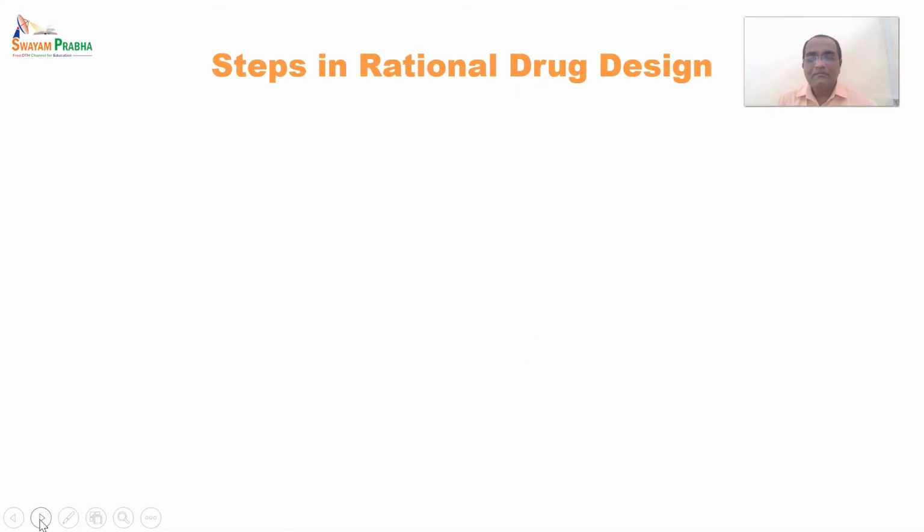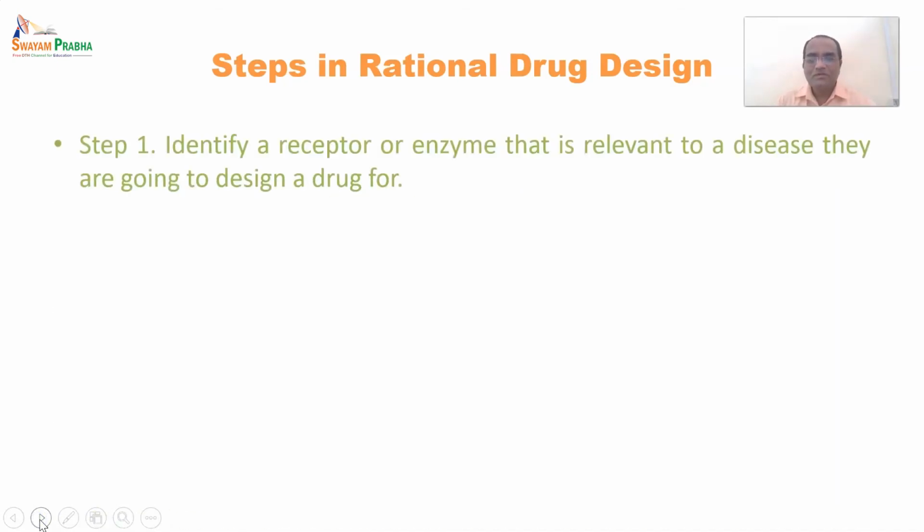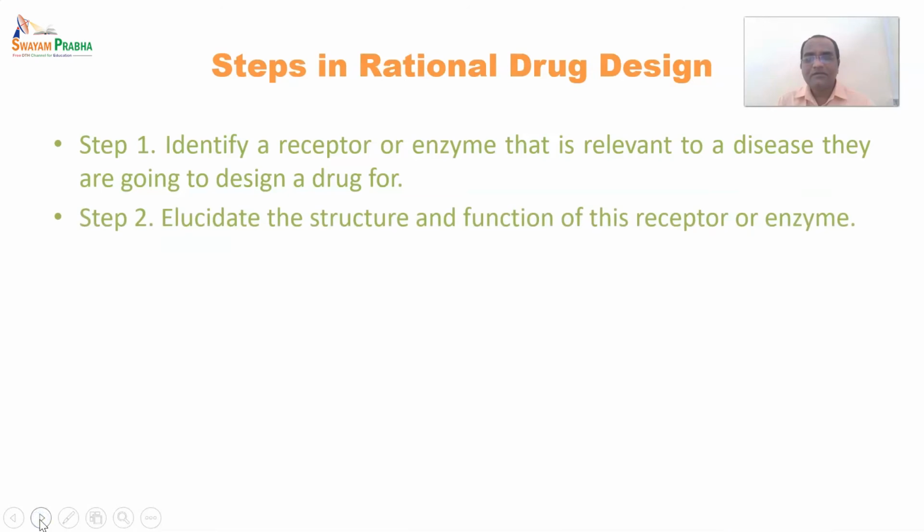Now we'll come towards the steps in rational drug design. What are the basic steps? The first step is to identify a receptor or enzyme that is relevant to the disease they are going to design a drug for. Firstly, identifying the enzyme and receptor responsible for that disease. After that, elucidation of the structure and function of that receptor and enzyme.